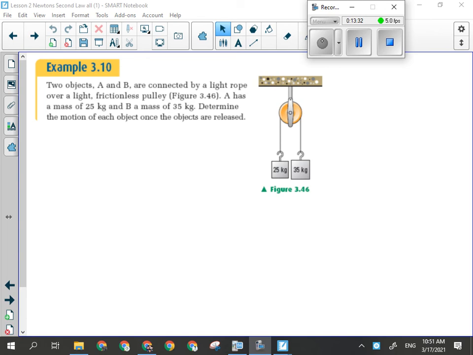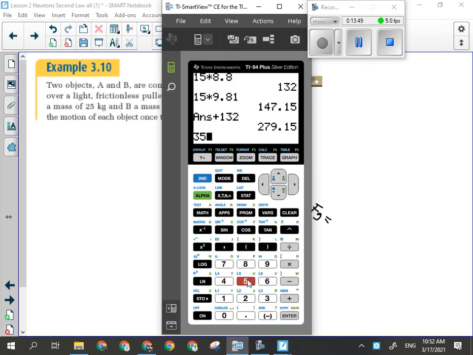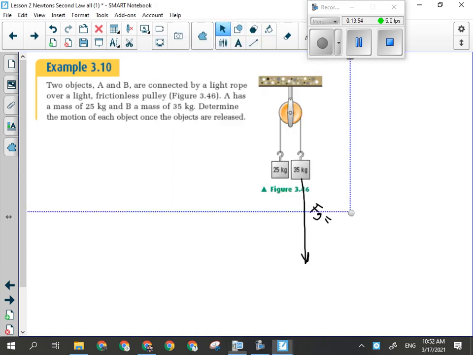All right, so here's what we got to do with this. We have to do what we did with the very first system we looked at. We said, all right, there's forces acting in this system, and we're going to identify them. Those forces are the force of gravity, okay, which in this case is going to be 35 times 9.81, so 343.35 newtons.